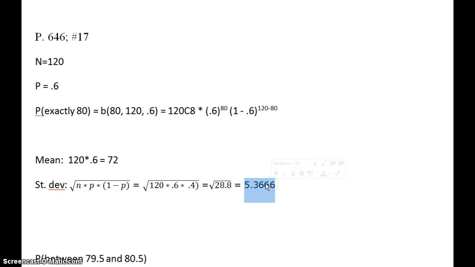We get this number. Okay, so part A says the probability that they eat exactly 80. Now, to figure out exactly 80, you can use the binomial formula. But for most calculators, probably the calculator you have, it's going to be very hard. Go ahead and try to type in 120 choose 80, and you get some super huge number.